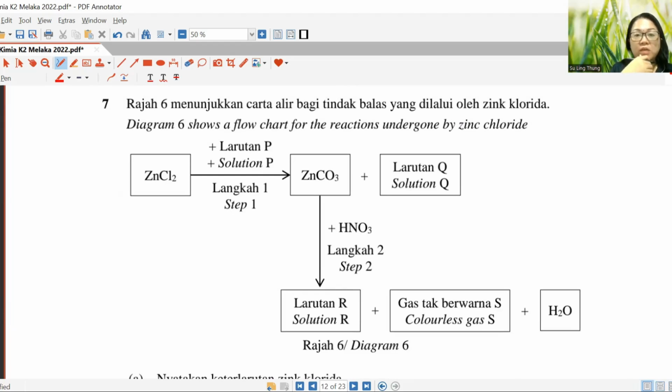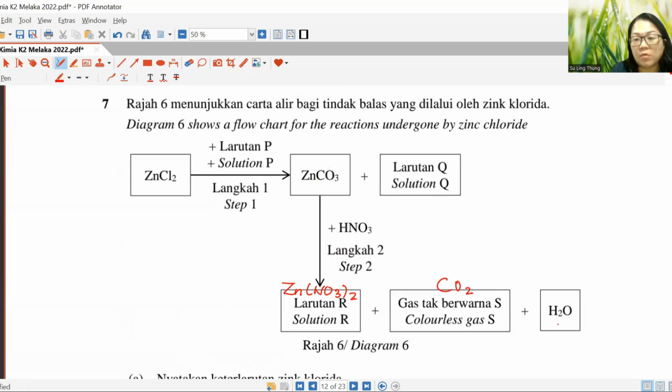Now let's look at diagram 6. It shows a flow chart for the reactions undergone by zinc chloride. Basically zinc chloride produces zinc carbonate with solution Q. Later on, zinc carbonate reacts with HNO3. We will get zinc nitrate, and then the colorless gas will be CO2.